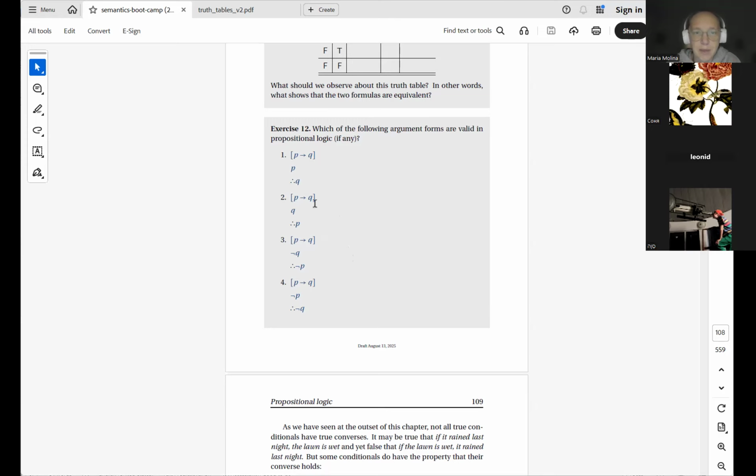Now, number two. If Q is given and the conclusion is P, is it valid or invalid? Well, looking over here, the formula is P implies Q. Guys, what do you think?